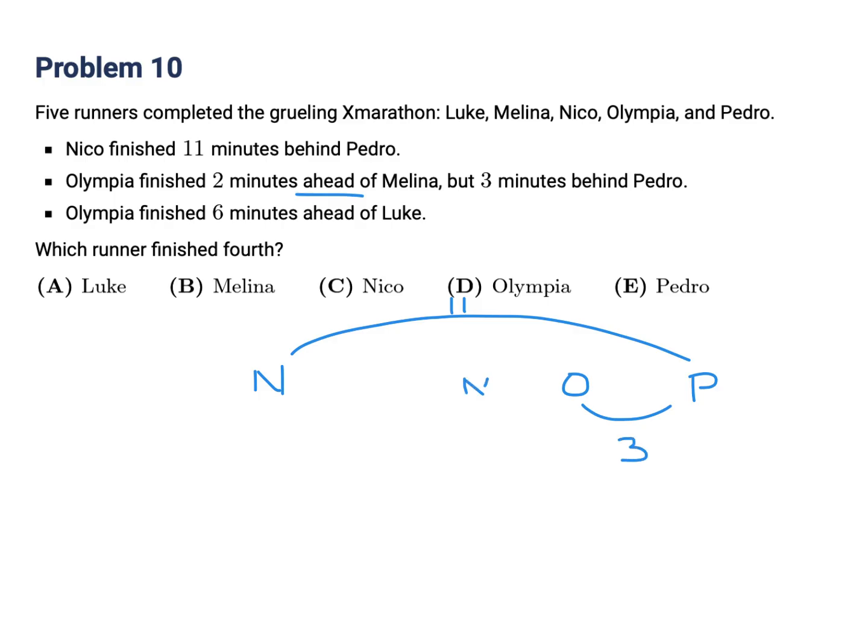So if this is Melina, this is 2 minutes. And then Olympia finished 6 minutes ahead of Luke. So Luke is somewhere in here, and this is 6. So since that is 2, this would be 4. And then this is going to be, let me think about this, 2, I believe. Yeah. Okay, so what are they asking? Which runner finished 4th? So this is 1st, 2nd, 3rd, 4th. So Luke is 4th, and therefore that would be A.